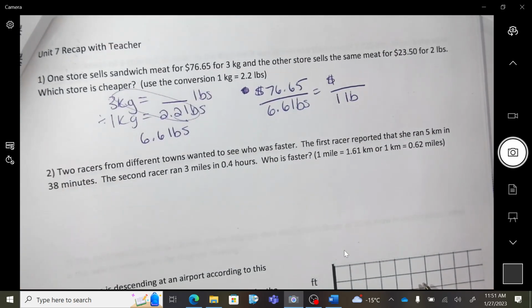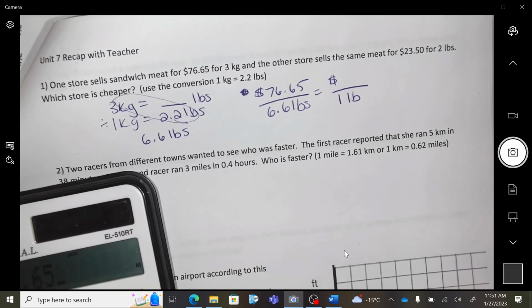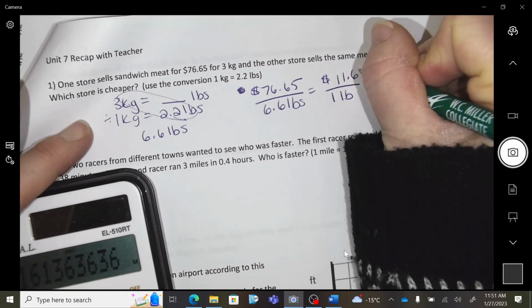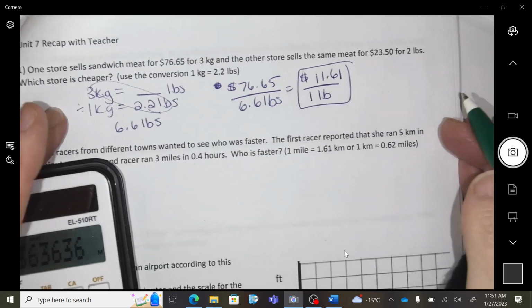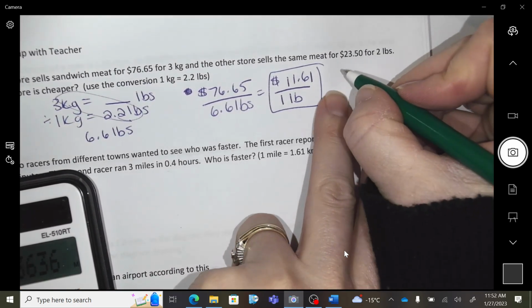So how much money would that be for 1 pound? So you just divide. This is what we would call a unit price. Okay, and then compare with the other one.